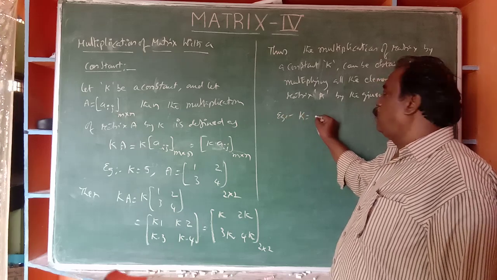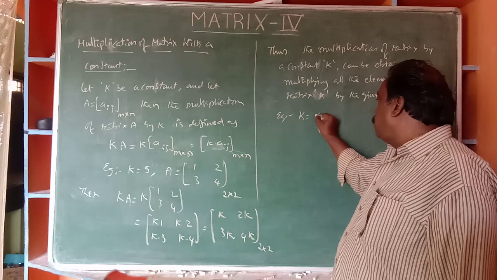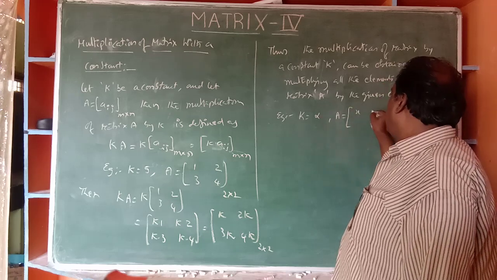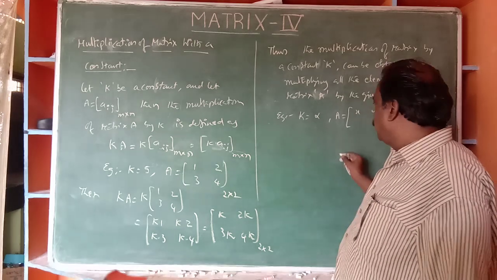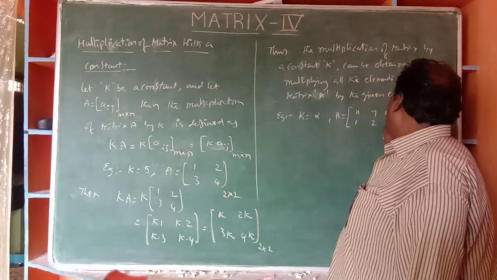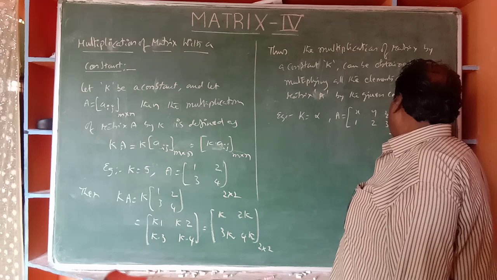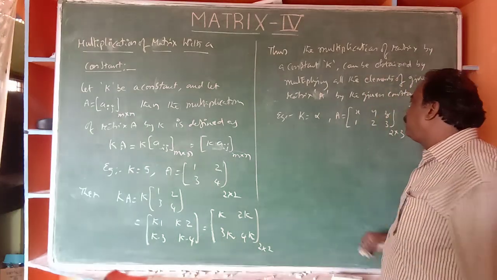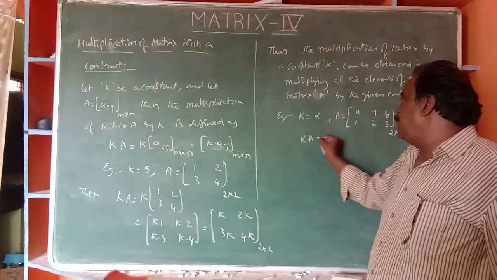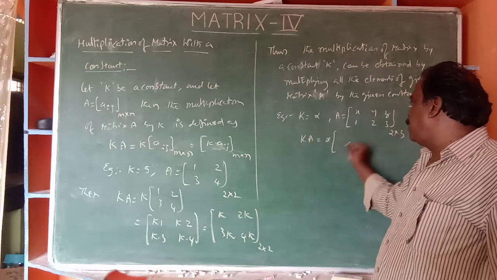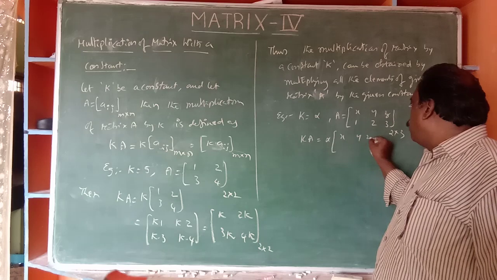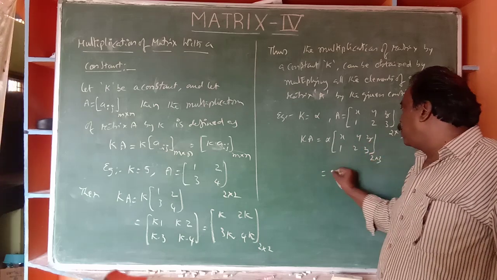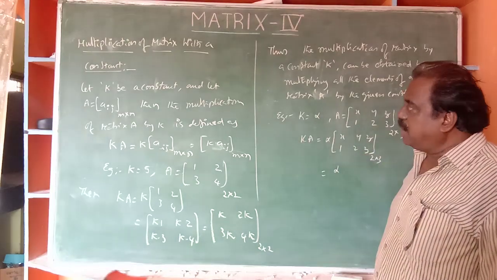Suppose K is equal to alpha, and A is equal to x, y, z; 1, 2, 3. It is a 2 by 3 matrix. K is some constant alpha. Then KA is alpha into x, y, z; 1, 2, 3. What is the definition?